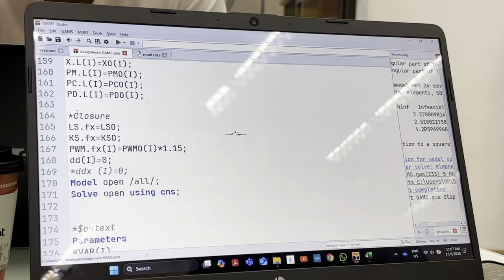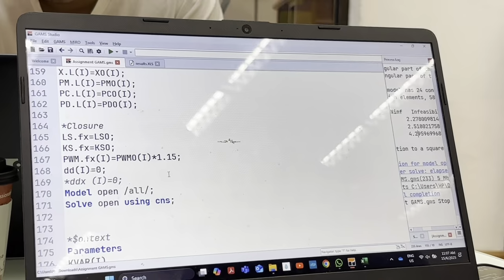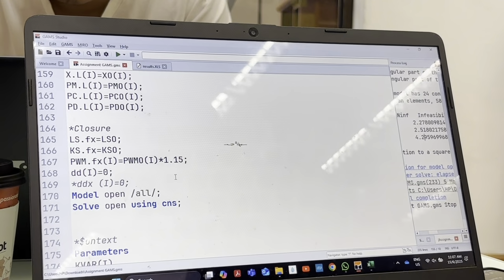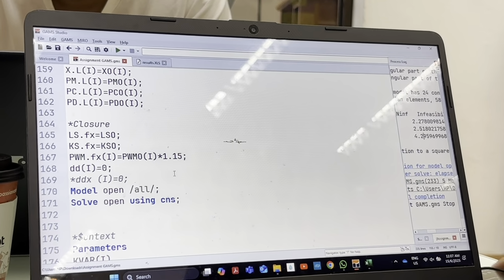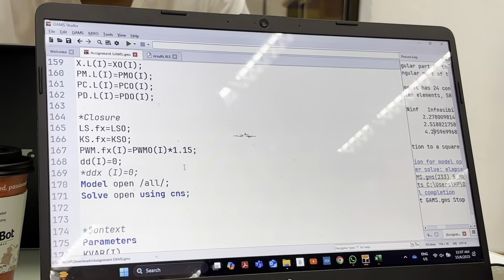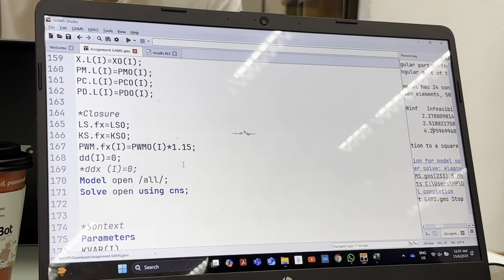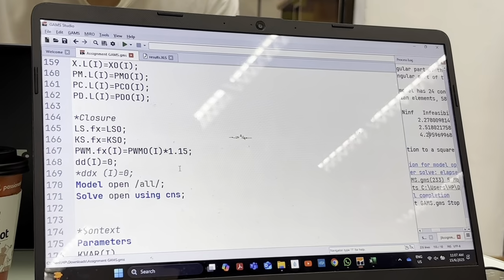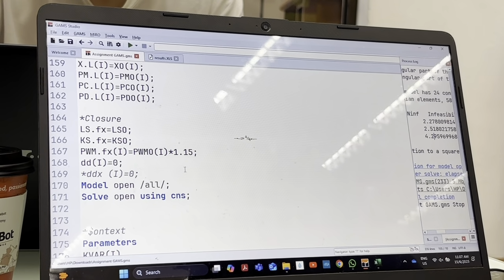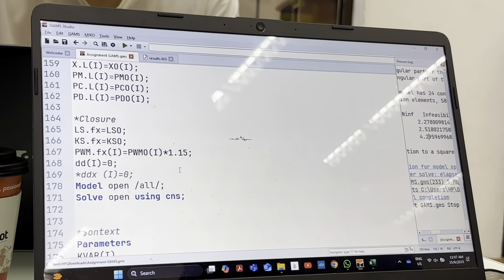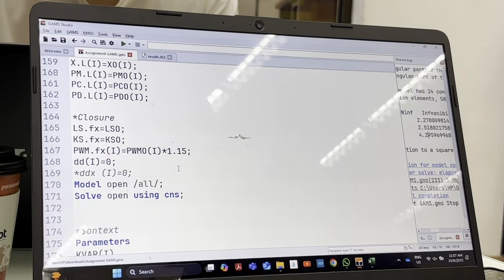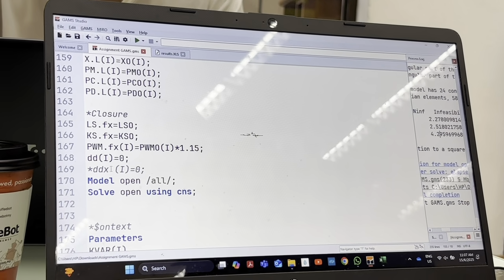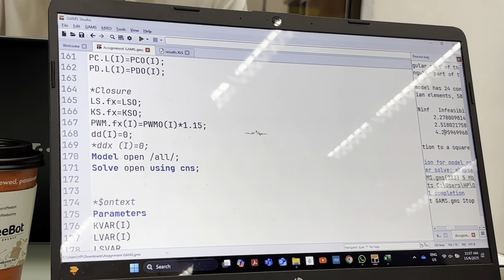endogenous variables. So for my first part, I will try to explain what if the world price increases by 15%. This may occur during, for example, an oil price shock, like in the 1980s, where prices fluctuate. So this may affect some of the endogenous variables.